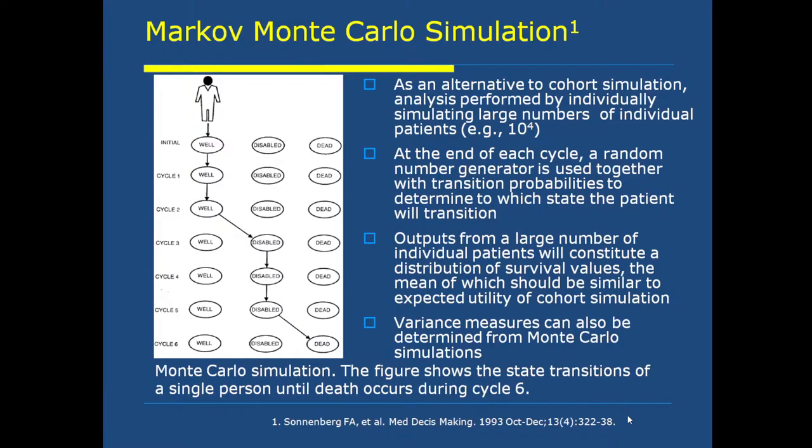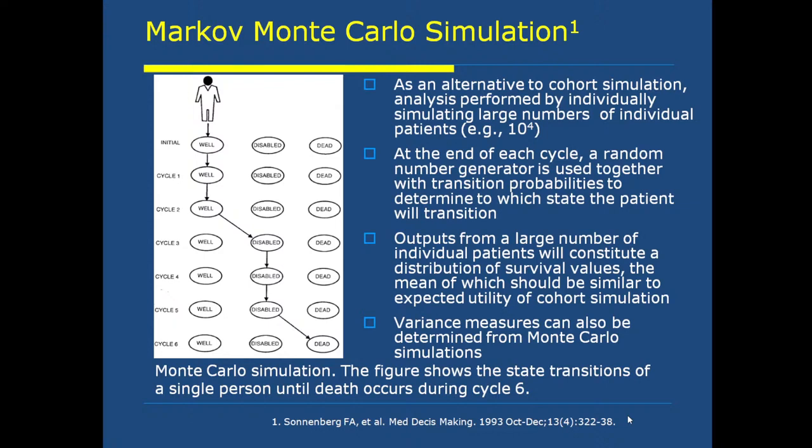As an alternative to cohort simulation, the analysis is performed by individually simulating large numbers of individual patients. At the end of each cycle, a random number generator is used together with transition probabilities to determine to which state the patient will transition.